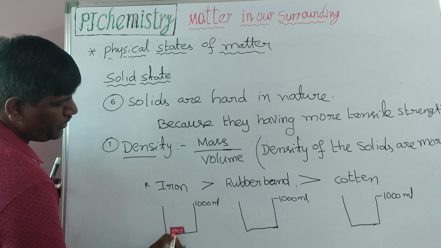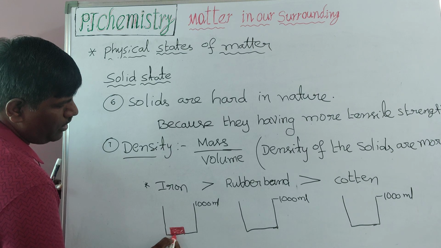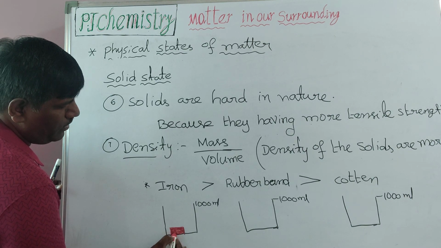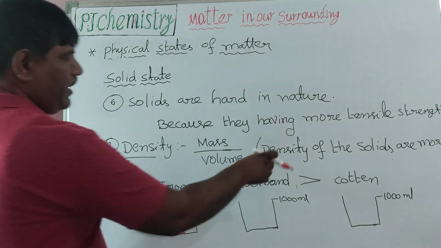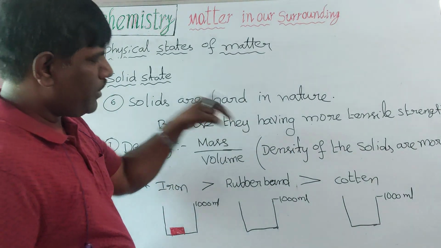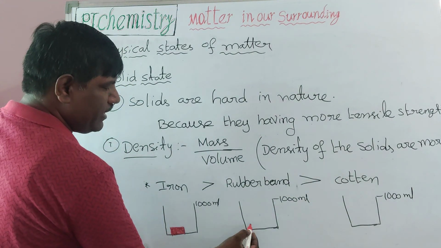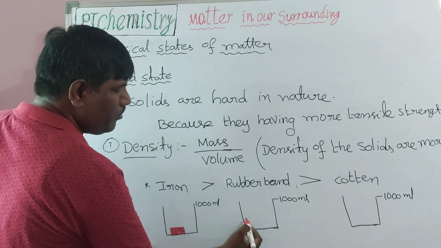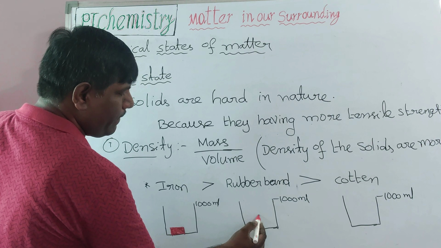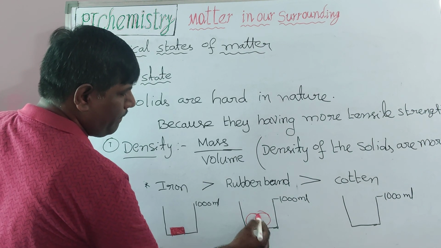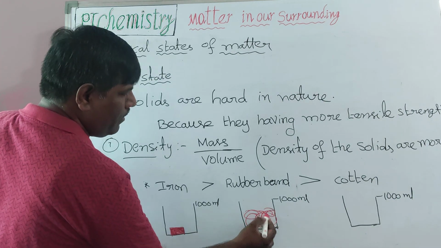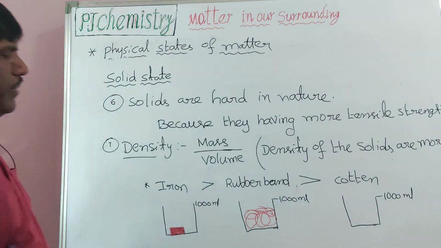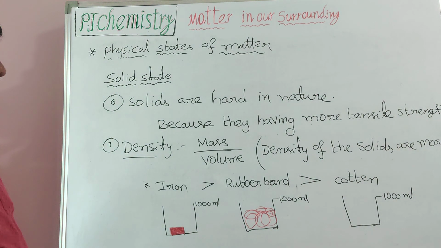Attraction is more between the particles, so they occupy very little volume. In the next figure, I put the rubber band into this container. The rubber band occupies more volume.